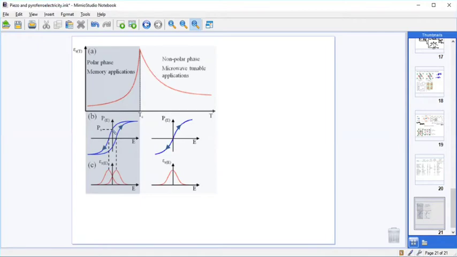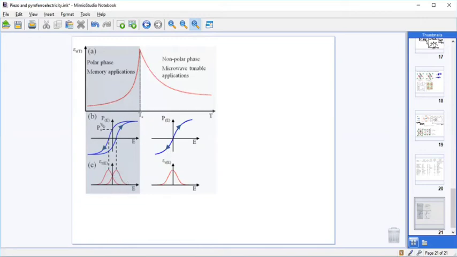This Ps corresponds to a peak in the dielectric here, and the same is observed. The minus Ec and Ec are given by a hump in the electric field versus dielectric constant behavior.